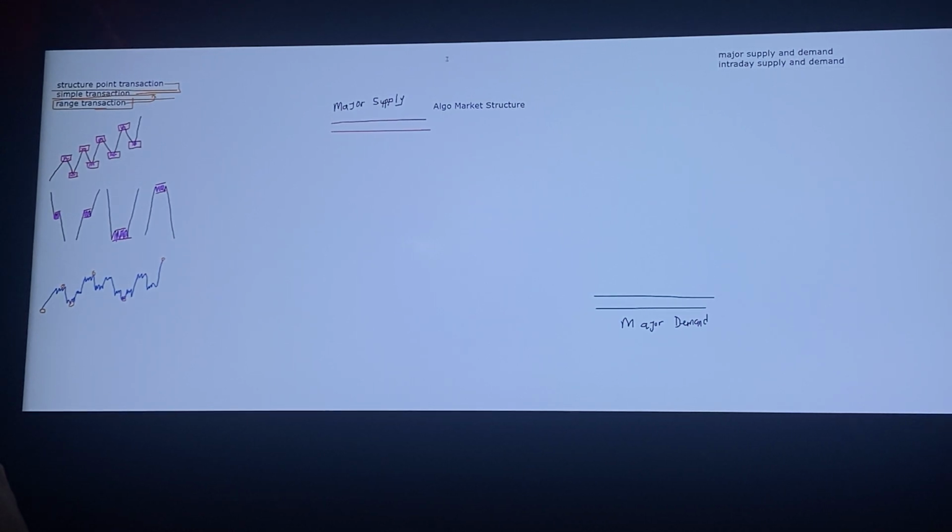So it's like this here. You're living in one big city, for example, right here, and you're going to another big city, right here.